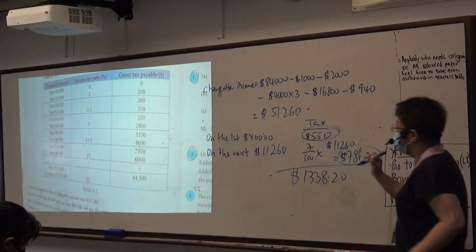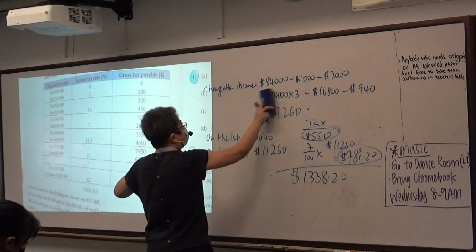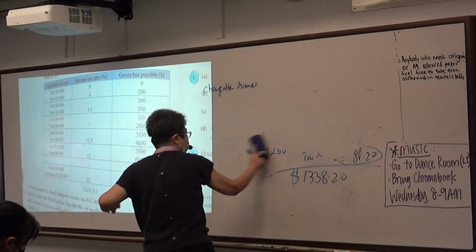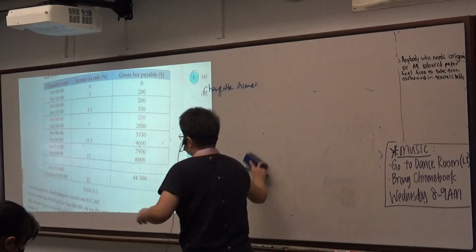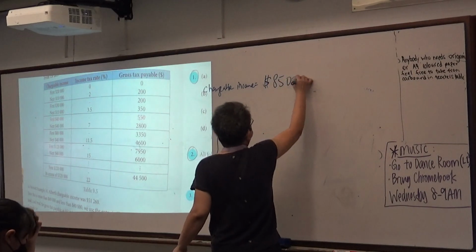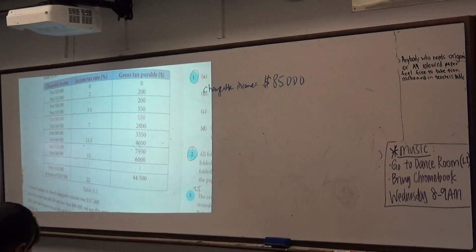Okay. I'm going to change the question. You tell me how to do it. After I find, right? My chargeable income is 85,000. Now, which row? Row 4, okay?